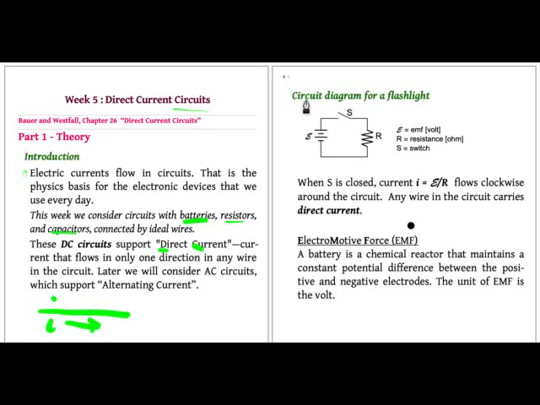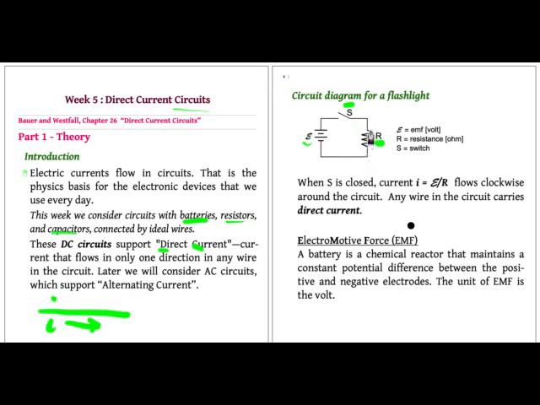Here's an example, a circuit diagram for a flashlight. So we have a battery with some electromotive force, EMF. And we have a switch. We can turn the battery on and off. And we have a bulb. The bulb has resistance.